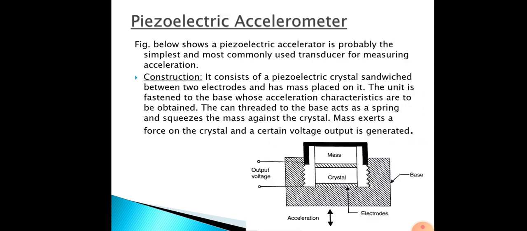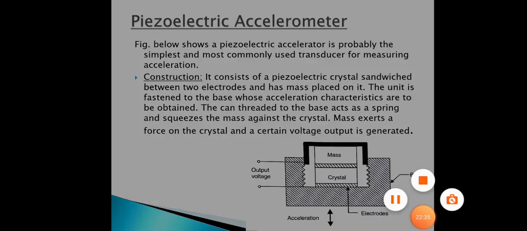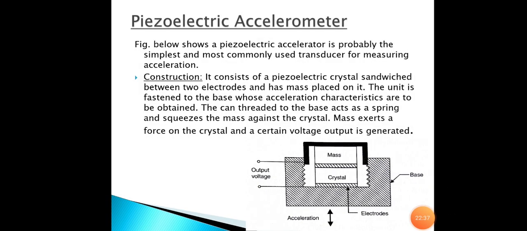The next one, piezoelectric accelerometer. So here the figure you can see, that is a piezoelectric accelerometer. It consists of a piezoelectric crystal sandwiched between two electrodes, and on top of that a mass is placed, and below it there will be acting as a spring. The base whose acceleration characteristics are obtained acts as a spring and squeezes the mass against the crystal.